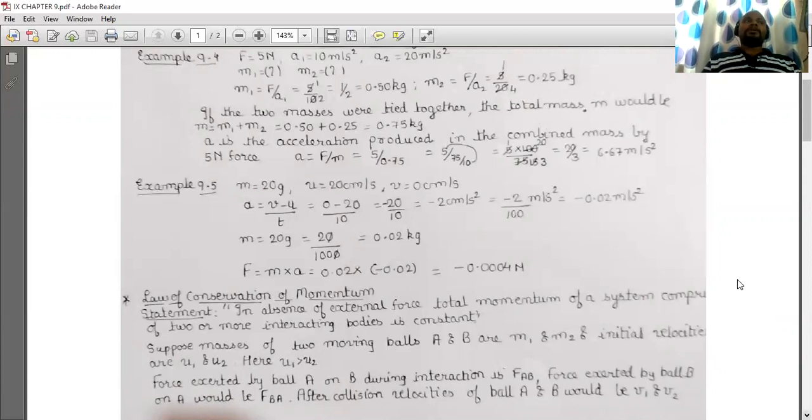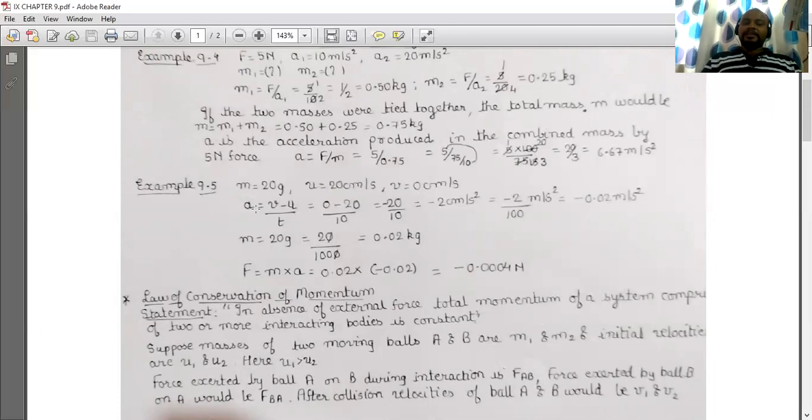So here the 20 centimeter per second, which is shown on the graph, becomes the initial velocity, whereas the final velocity would be 0. Mentioning whatever is given in this question, m is given 20 gram. Initial velocity, from the graph itself, we can see is 20 centimeter per second. Its final velocity is 0, as the ball, you can see in the graph, is in retarded motion.